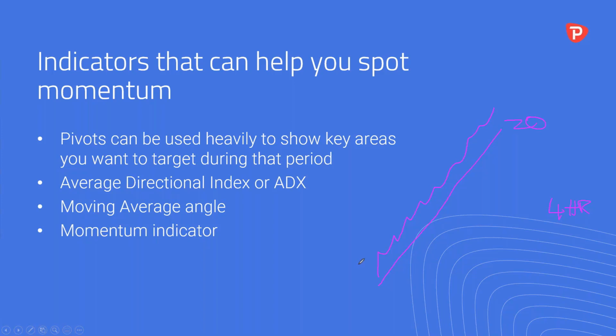Now, what you want to see is price accelerating away from a moving average. So not only do you want to see a moving average angle quite steep for a really strong trend, but you also want to see a good separation between price and that moving average, because it stands to reason that the moving average is representing the last 20 candles or bars of action on that particular time frame.